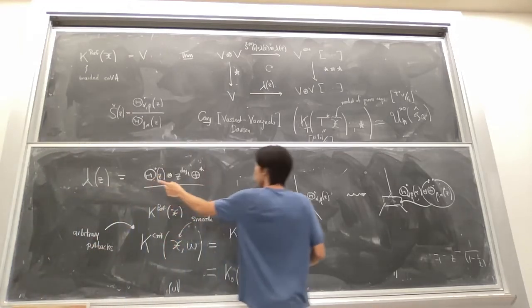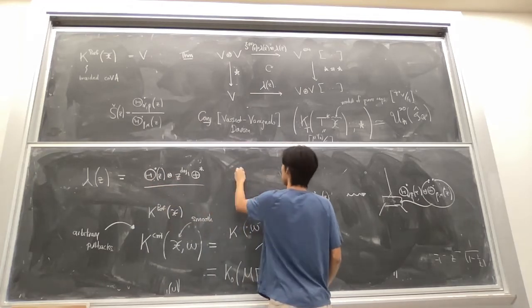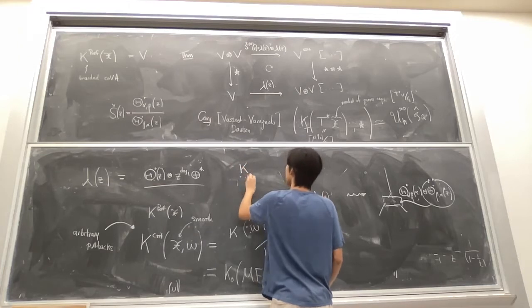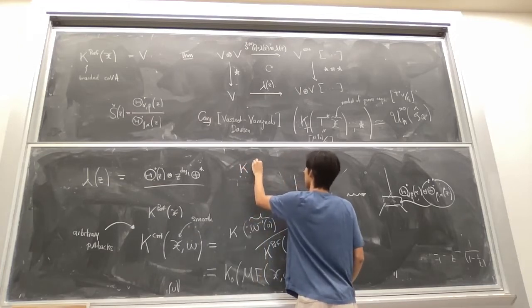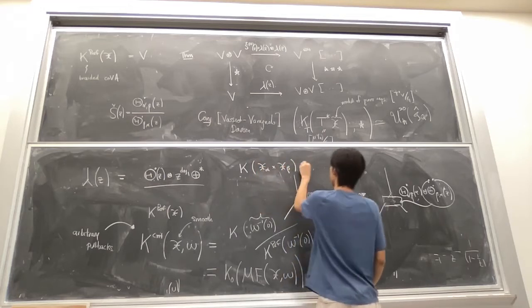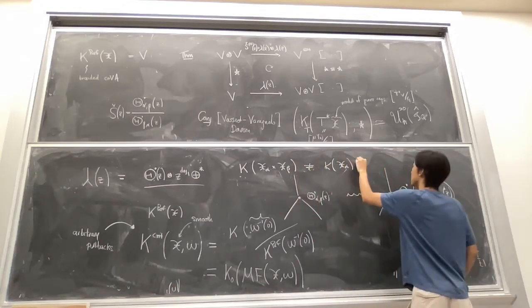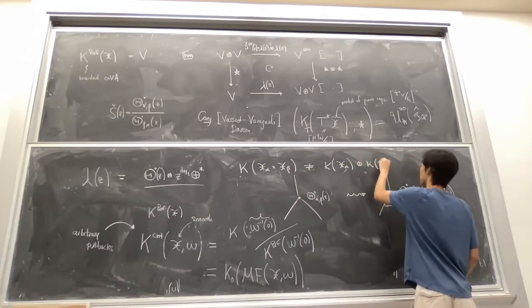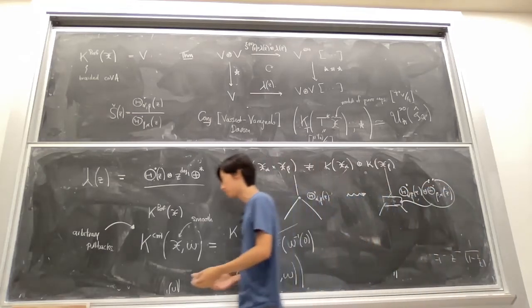A priori, the outputs, the K group of, let's say, X alpha times X beta, is not the same as the K group of X alpha tensor the K group of X beta.